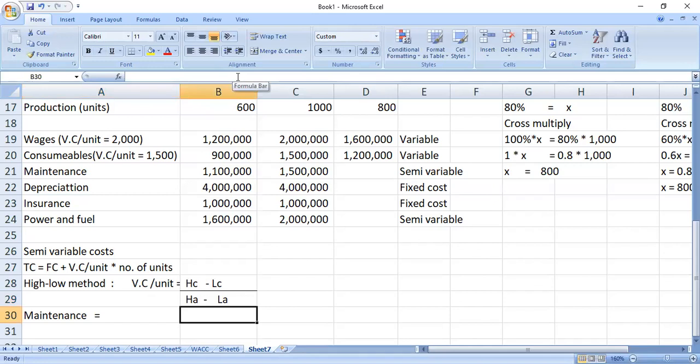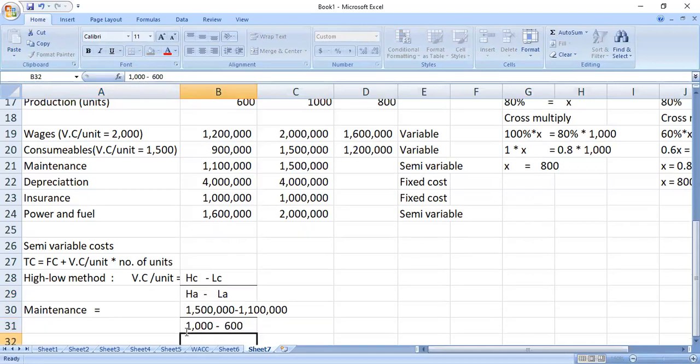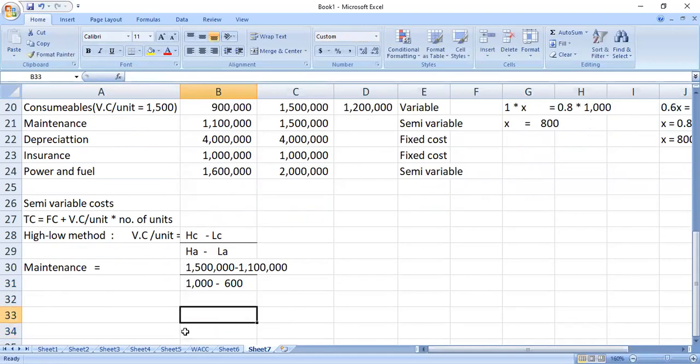For maintenance, we're saying it is 1.5 minus 1.1, this whole thing divided by the activities respectively. So you had 1,000, then you have 600. Then you get the answer.